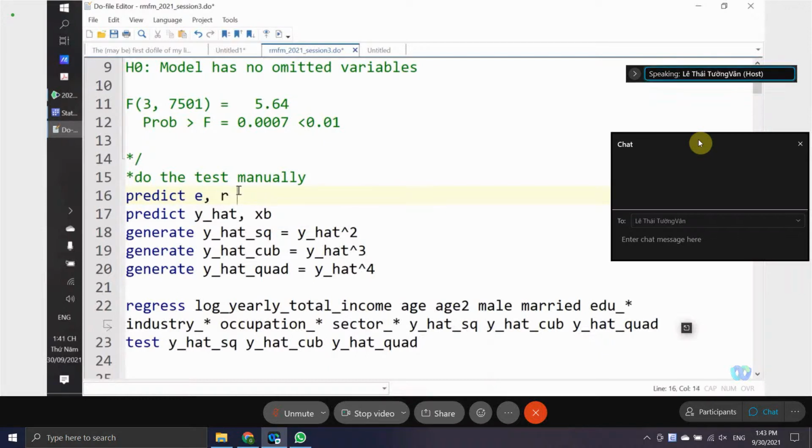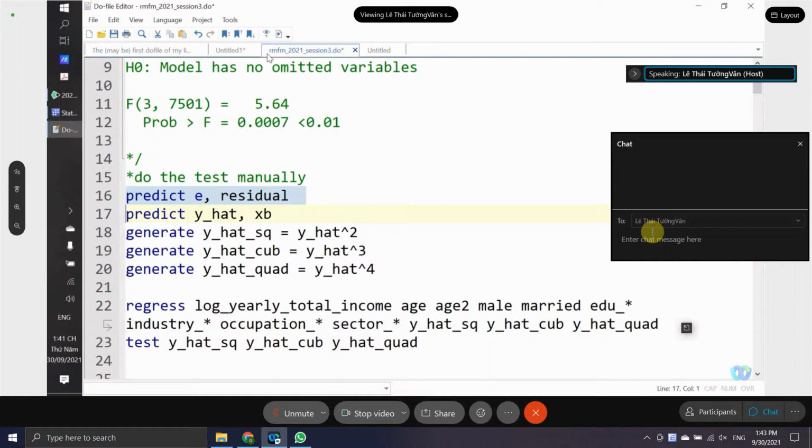If I type r, it also understands that I need the residual. If I type residual, it also gives me the residual, right? So it's a very handy subcommand that can be abbreviated in different ways. So I put predict e, residual. What do I get? I would get the error term, right?